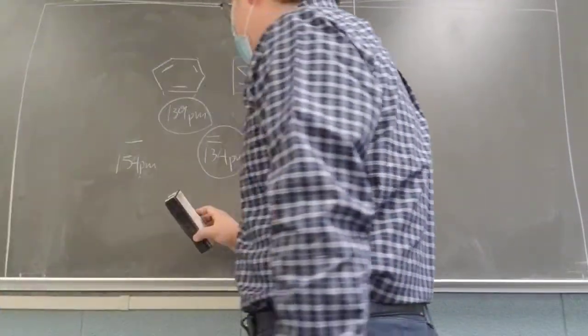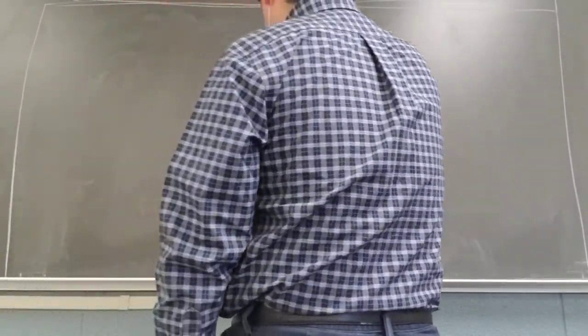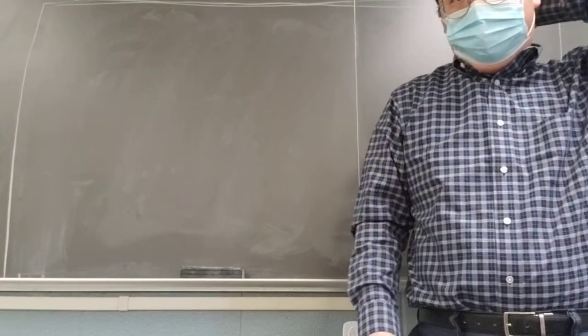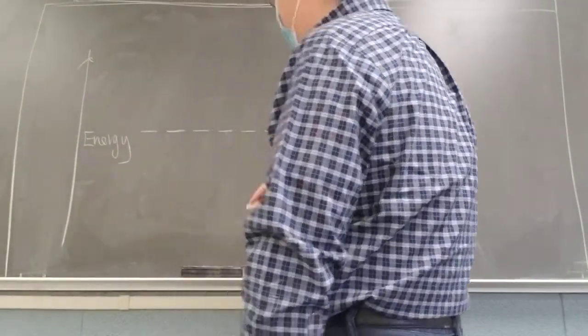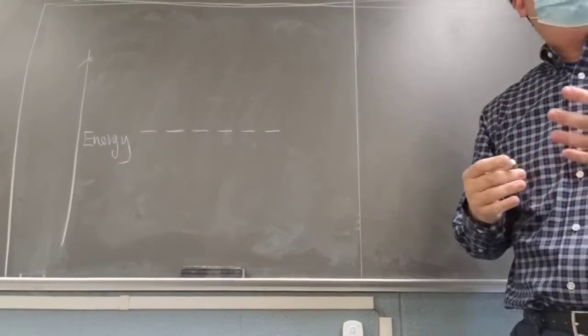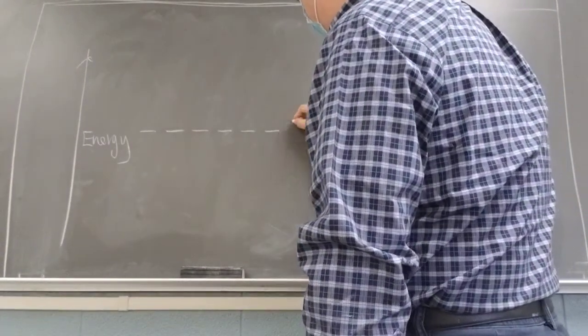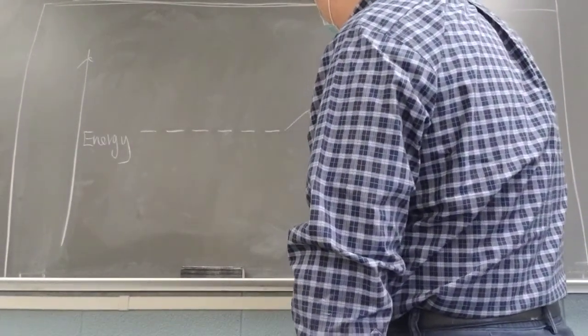So we'll try to look at this in the energy diagram first. But once again, you don't have to memorize this one. This is only for your understanding. But if you listen to me carefully once, you'll have a better idea why it is happening this way.